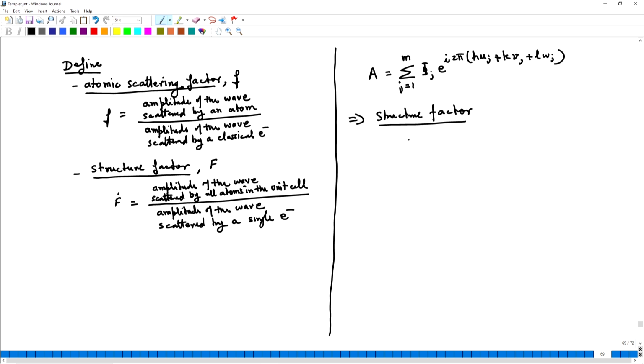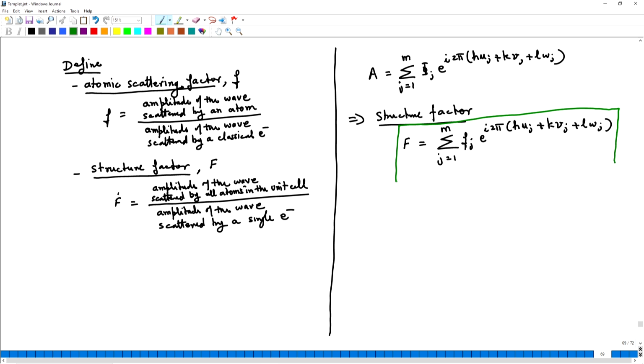And this structure factor equation simply becomes F equals sum over j equals 1 to m, and instead of phi j I replace it by the atomic scattering factor fj multiplied by e to power i 2 pi (h uj plus k vj plus l wj). This is a very important equation in X-ray crystallography.